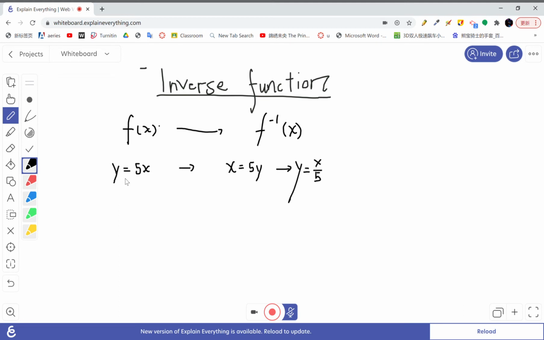And this will just substitute y as x. That's what makes our inverse function.